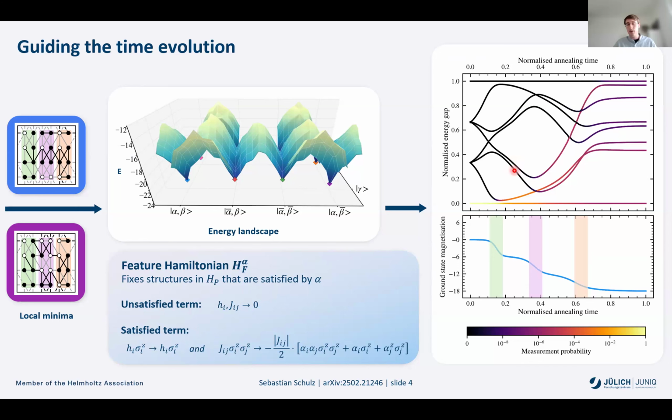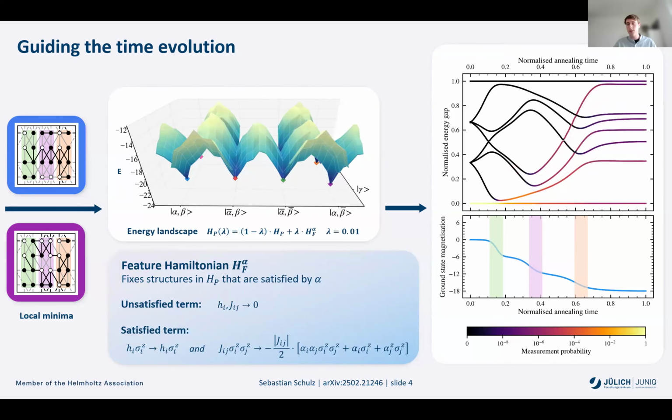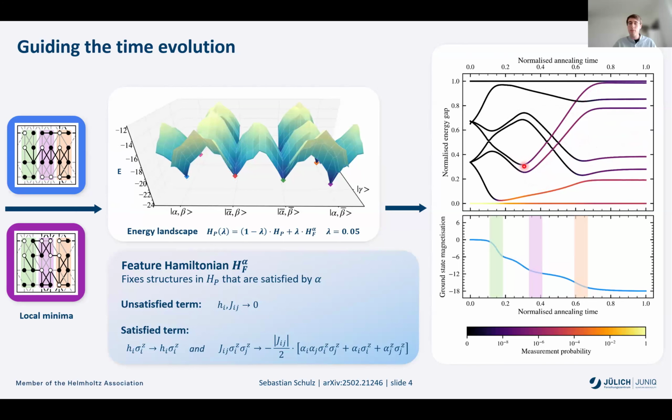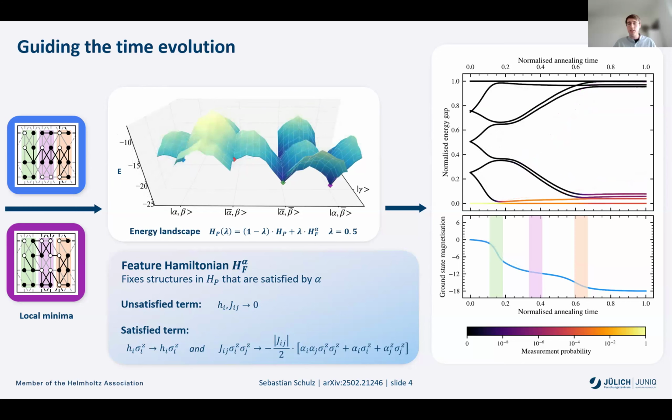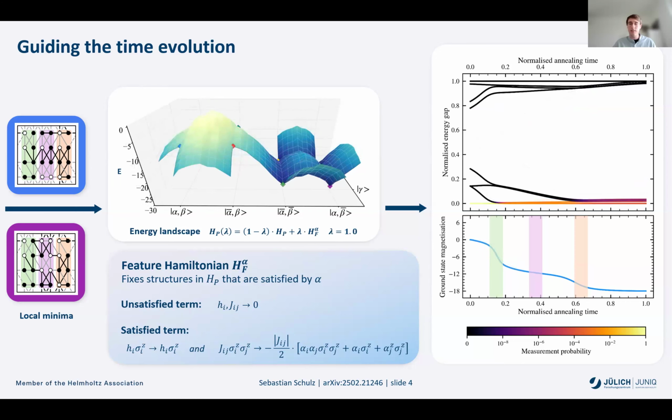And as we increase the strength of our feature Hamiltonian, you can see that we move them up. So we increase the energy gap between them until eventually there's not really a closing energy gap anymore, because the subspace of the energy landscape within this domain becomes completely monotonic. So there's not really two states that close up.